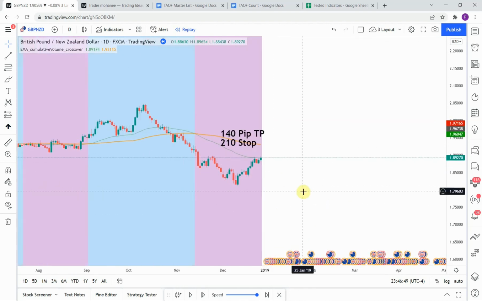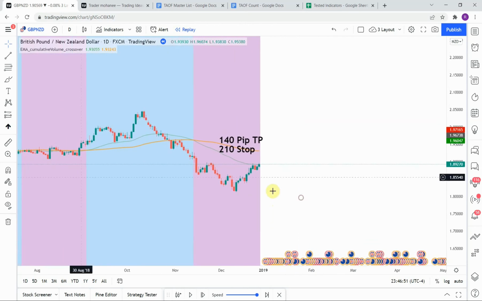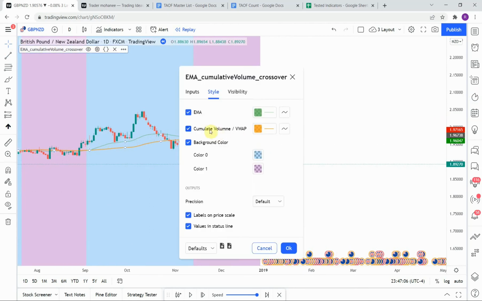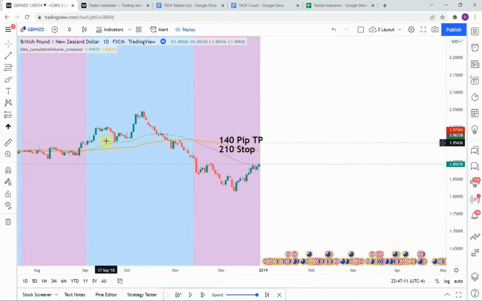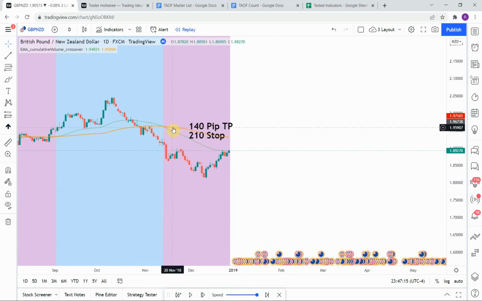The background coloration coincides with the crossover. Let's see, let's double check. Yes, when the EMA is on top, then we get the light blue background. When the EMA is below, then we get this purplish background.